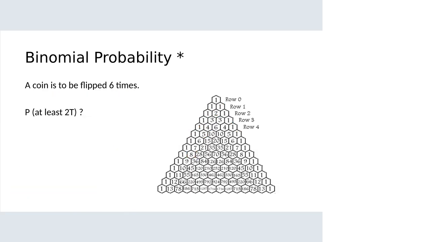Okay. The coin is to be flipped 6 times. Find the probability of getting at least 2 tails. I'll set up a poll for this one and let you try it.